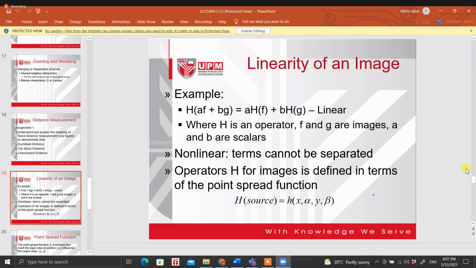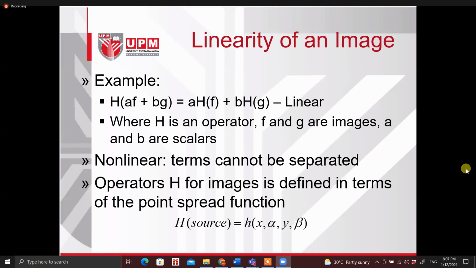So we are going to continue our discussion today to quite an important topic, a fundamental section in digital image processing.